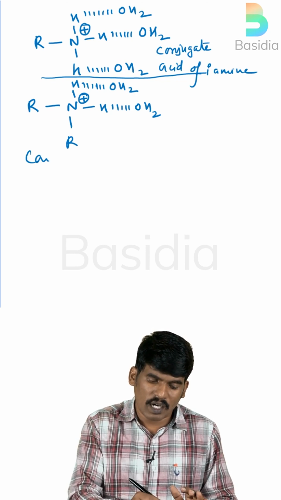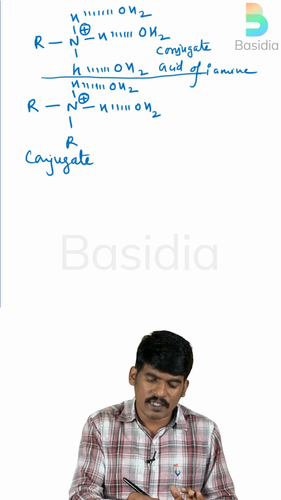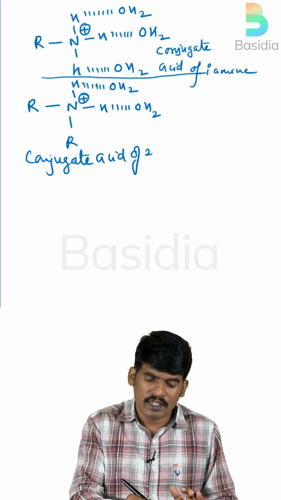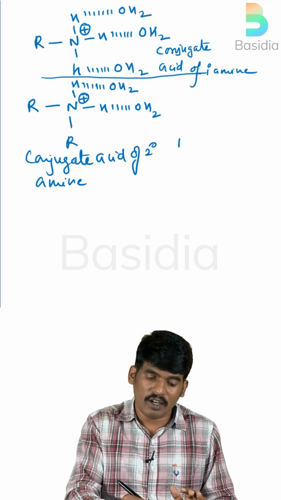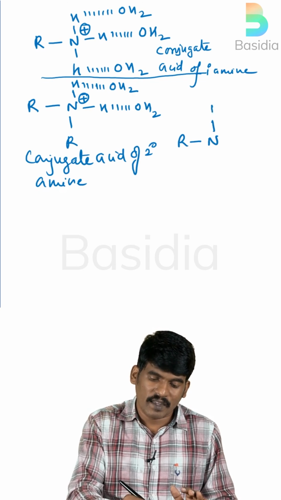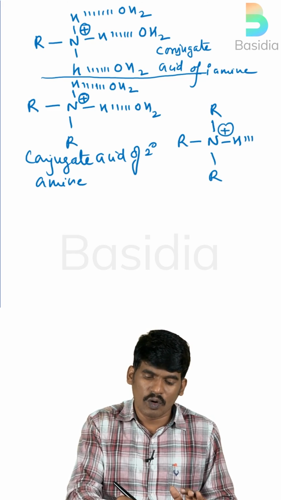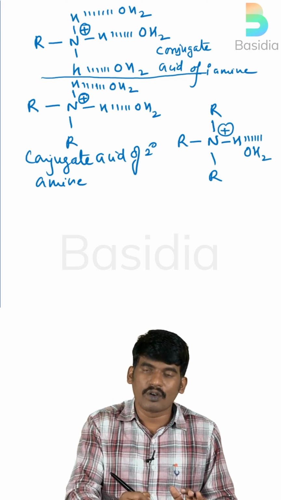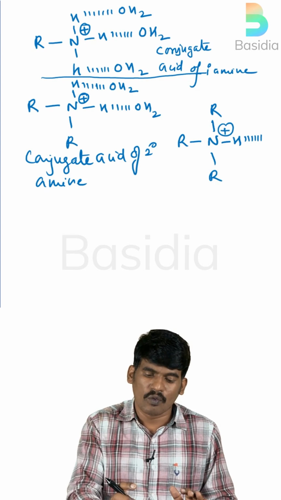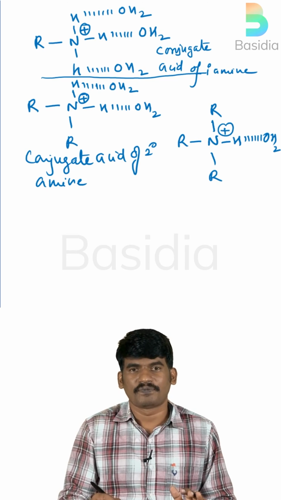But the second one what I gave here is the conjugate acid of the secondary amine. Now what about tertiary amine? Observe it. RNR, it is R, and it is H. And nitrogen develops positive charge. Only one hydrogen bond is formed, only one hydrogen bond with the oxygen of water.